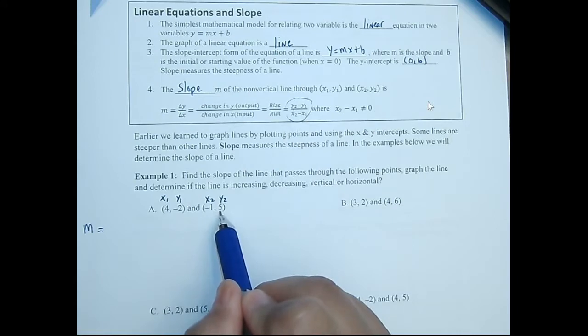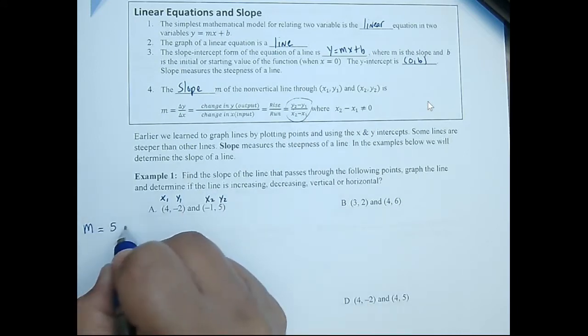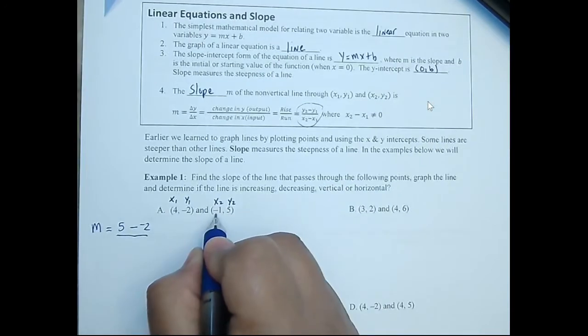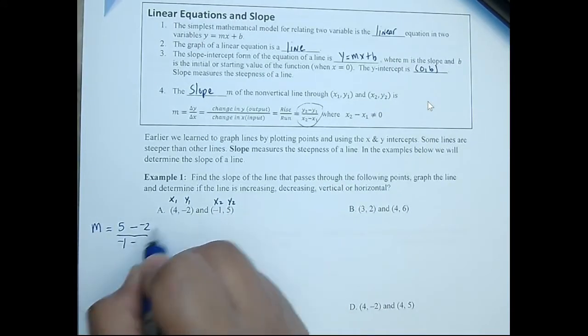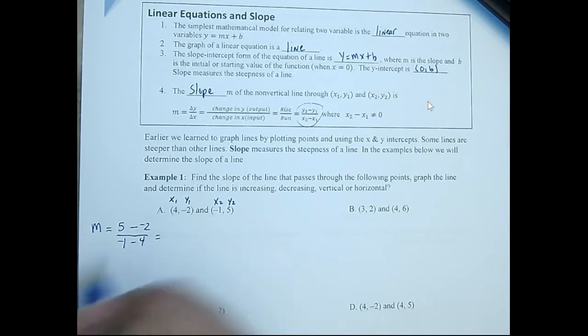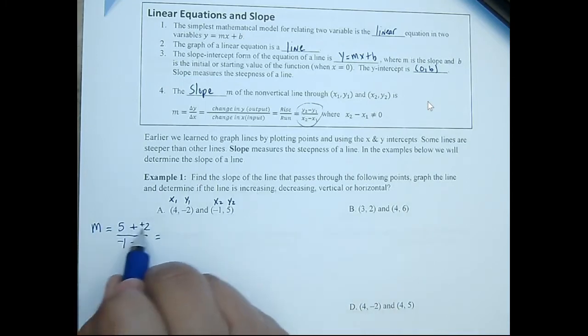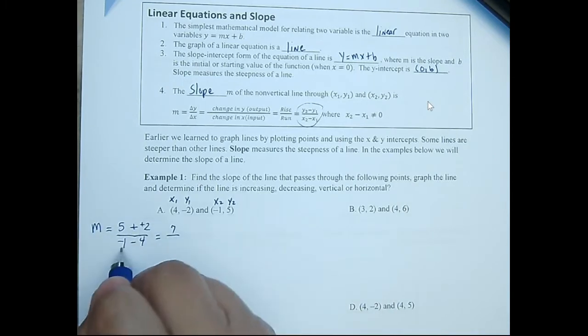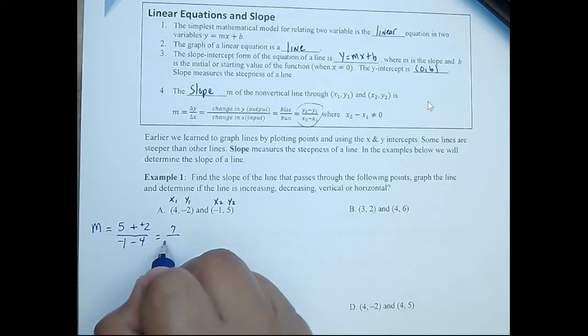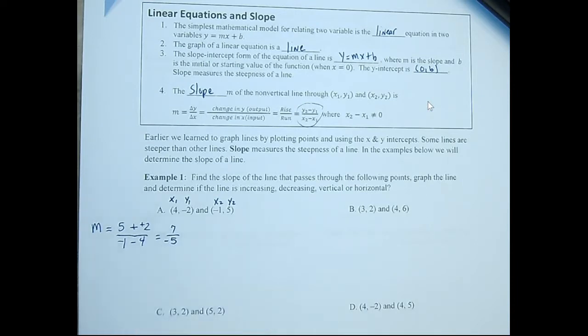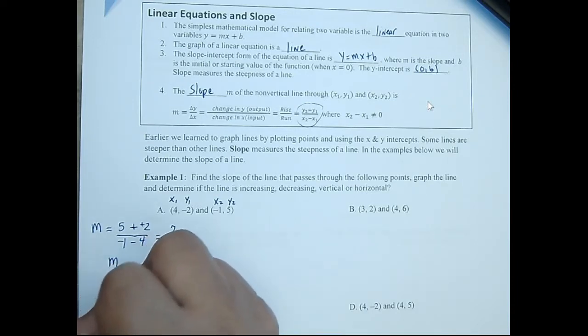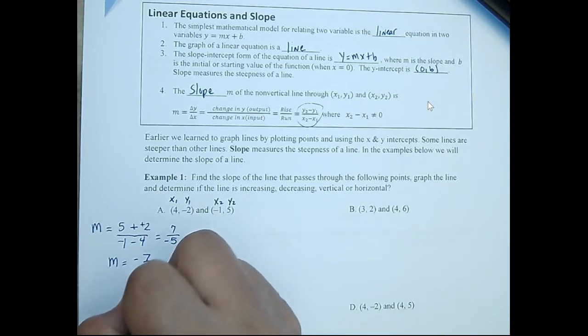In my case, y2 is 5 and y1 is negative 2, divided by x2, which is negative 1, minus x1, which is 4. So 5 minus negative 2, we can make this into positive. 5 plus 2 is 7, and negative 1 minus 4 is negative 5. Okay, so my slope is negative 7/5.